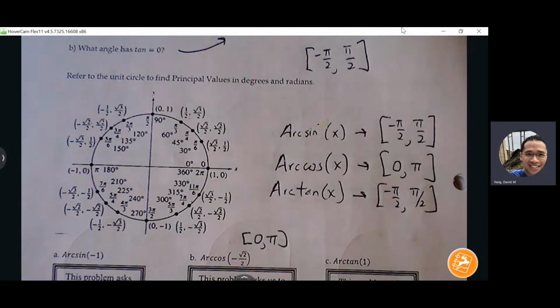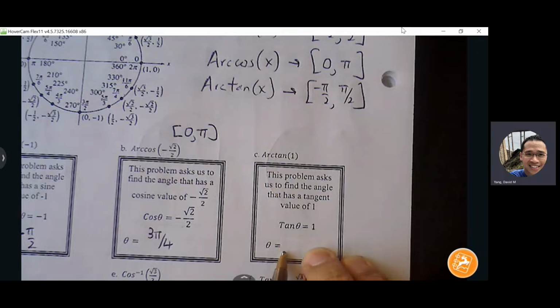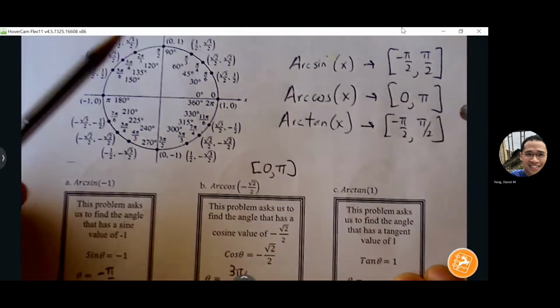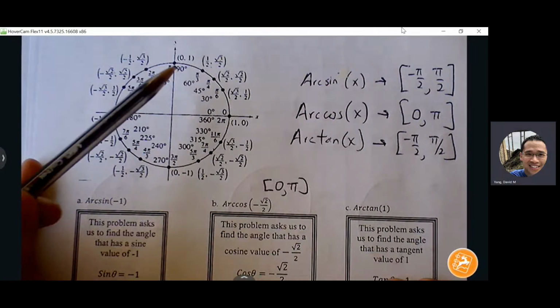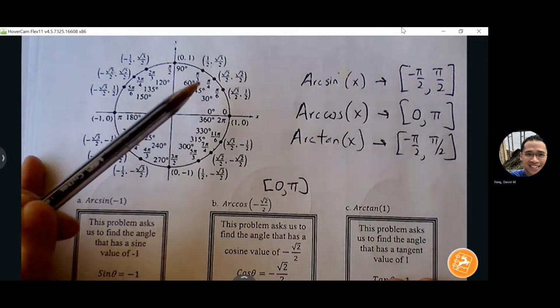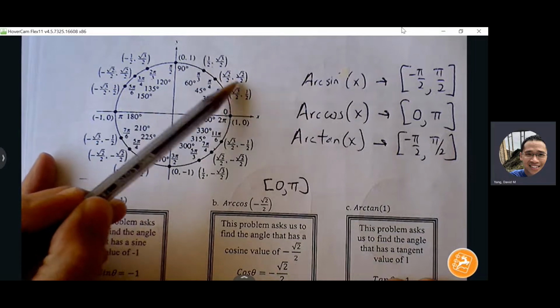Okay, so let's go to our arctangent of 1. So in other words, rewrite it. Tangent of theta is equal to 1, where tangent is equal to 1. At what angle measure? Pi over 4. Pi over 4, right? Pi over 4, because y over x is 1, right?